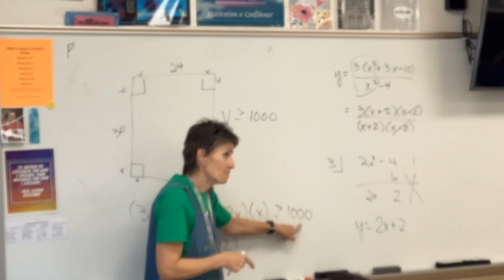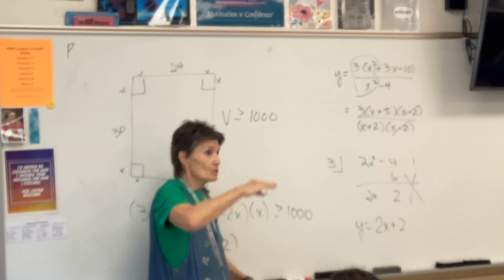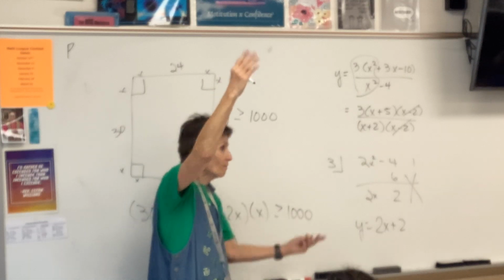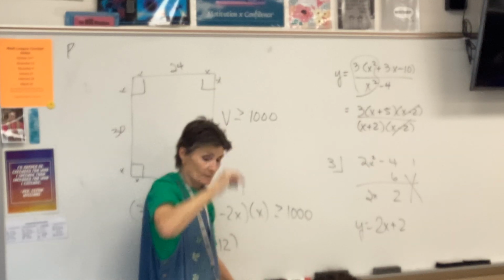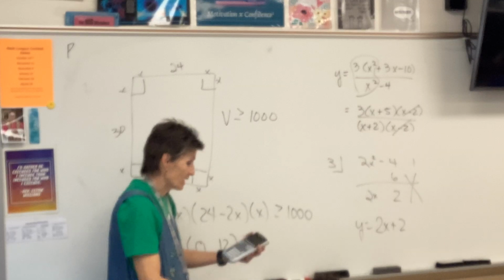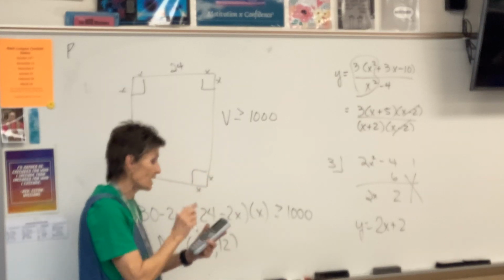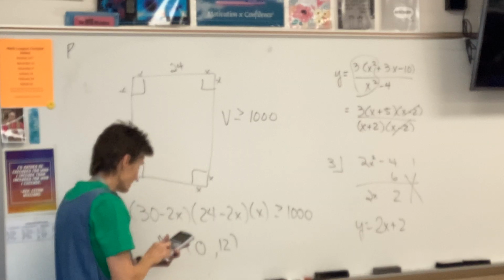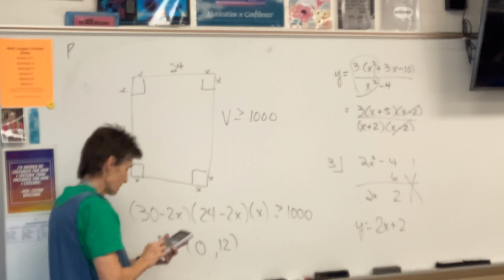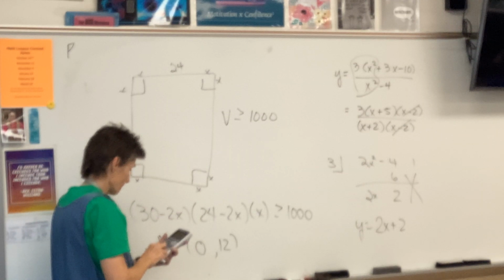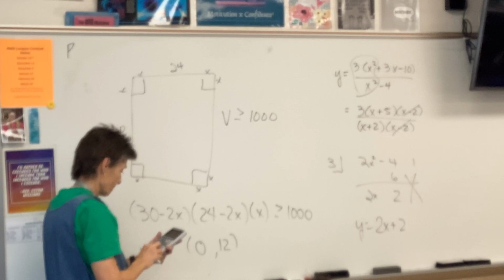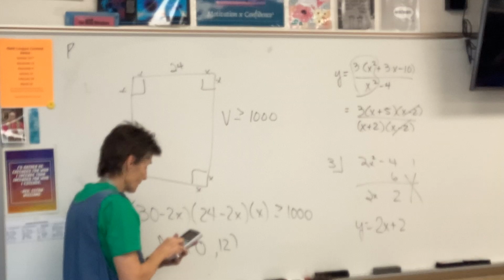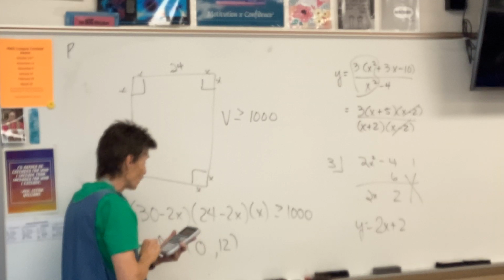Remember, it has to be bigger than 1,000, so y max is going to have to be something like 1,200. All right, let's see if we can find those points of intersection. We're going to type in 2 equations. One equation is going to be all these parentheses. The other equation is going to be 1,000.